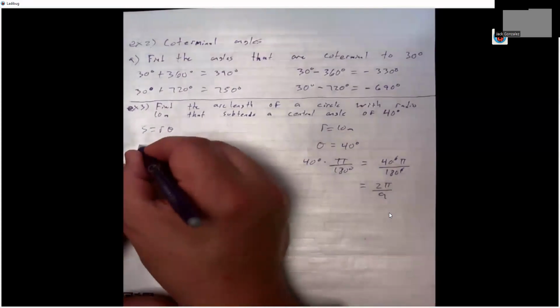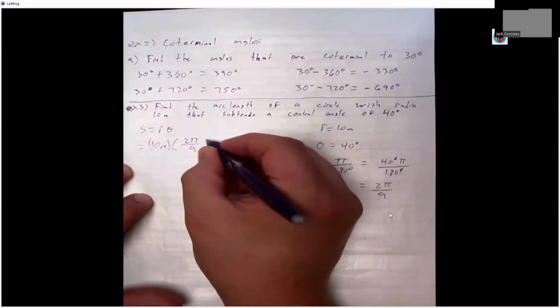What about the regular? Let's keep it this way. Pi over 9. So 40 goes into this, I'm sorry, the zeros cancel. 2 goes into this twice. 2 goes into 18 9 times. So we can use that guy now.